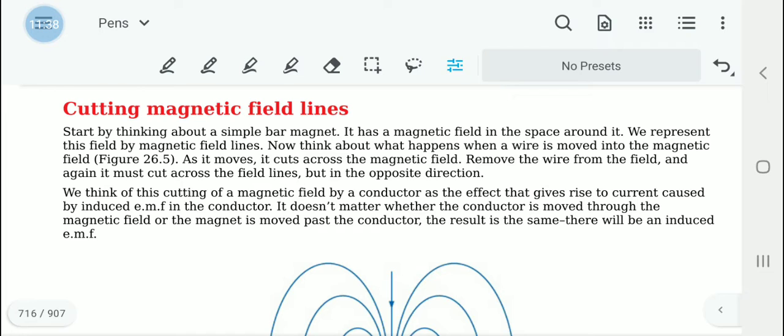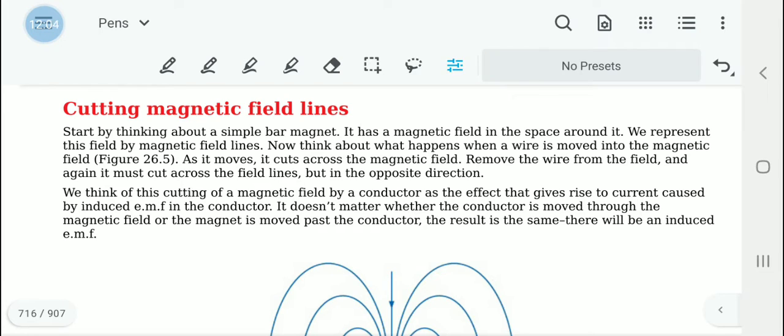It doesn't really matter whether the conductor is moved through the magnetic field or the magnet is moved past the conductor. There are two things that you can do. You can move the magnet or you can move the conductor. However, whatever you move, there would be an EMF induced.